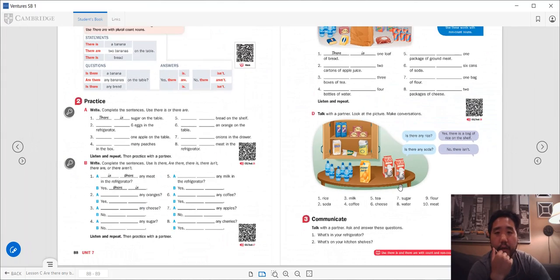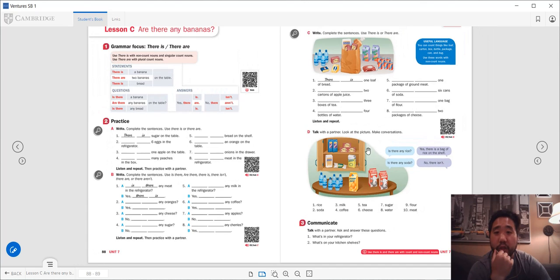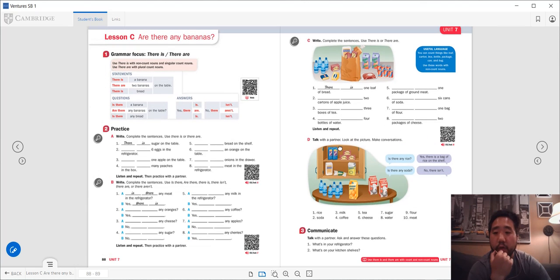But we just finished going over lesson C, the exercises in lesson C. We learned and practiced using the phrases "there is" and "there are" with different nouns that are countable and not countable.